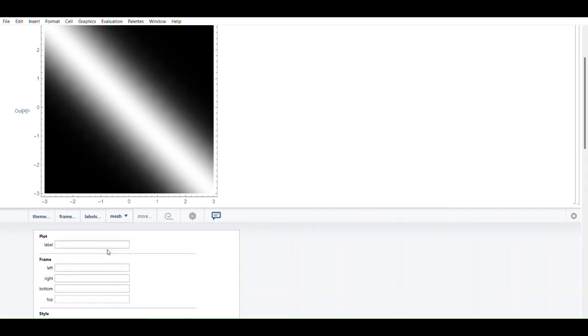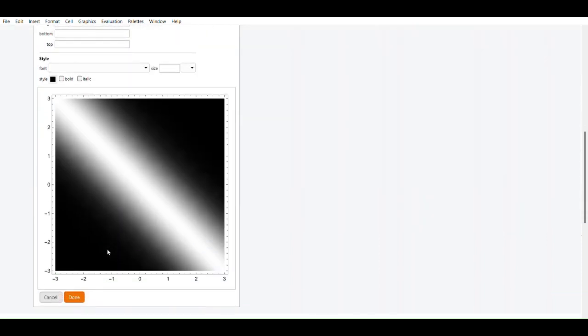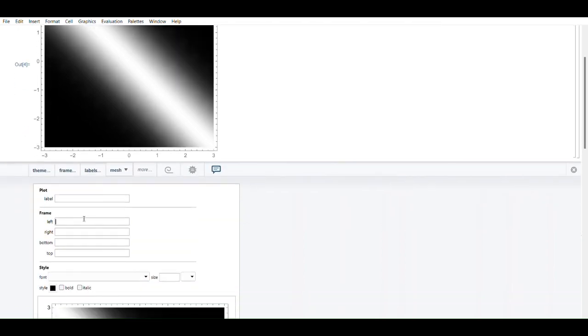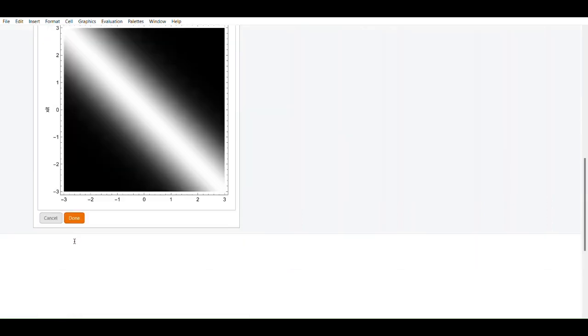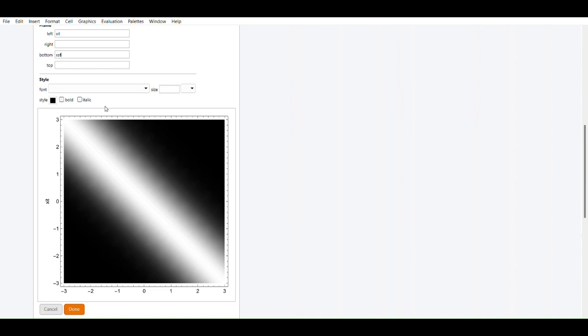Labels, okay, here. Frame left, XIT, and bottom, XST. Yeah, now it is working.